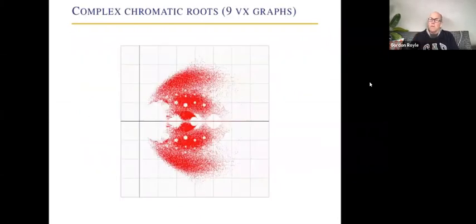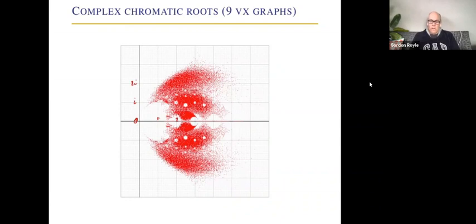Here's a picture. This is a picture of the complex chromatic roots of all of the 9-vertex graphs. This is a picture of the complex plane. So I should have labeled it, of course. That's 0, and that's i, and that's 2i, and this is 1 and 2, and so on.